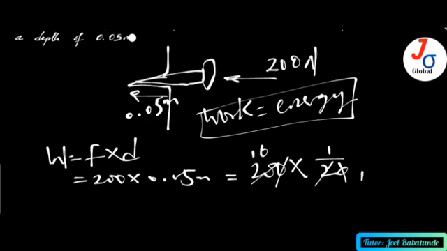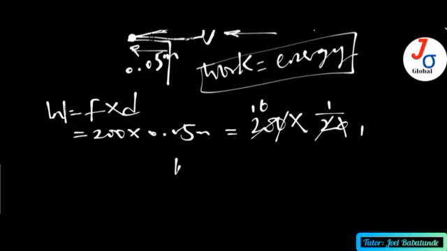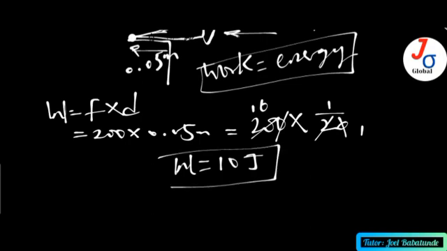So basically what we get is 10 joules. So the work done here is 10 joules. All right, good. Let's take one more example before we end this video lesson.